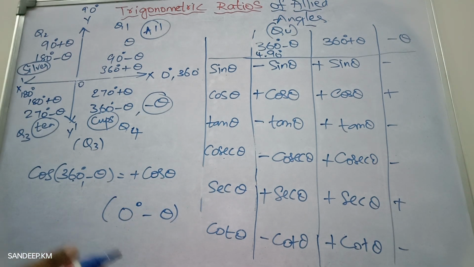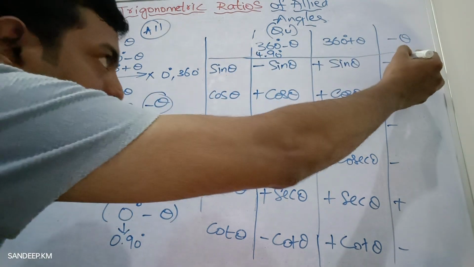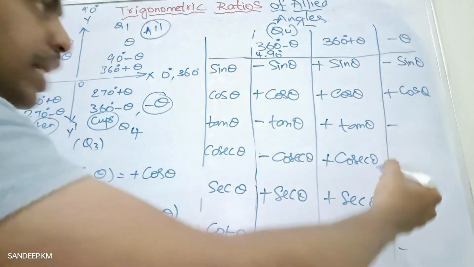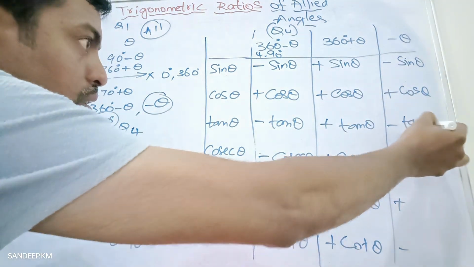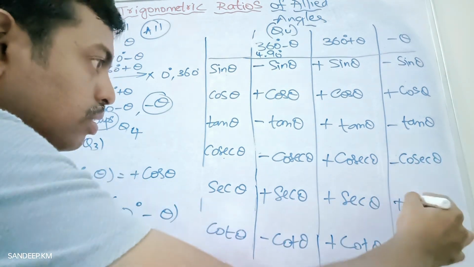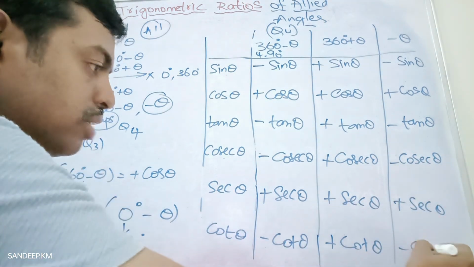So this is 0 times 90. You can take 0 as an even number. Even multiple of 90 means there is no change. So sin theta remains sin theta, cos theta remains cos theta, tan theta remains tan theta, cosec theta remains cosec theta, sec theta remains sec theta, cot theta remains cot theta.